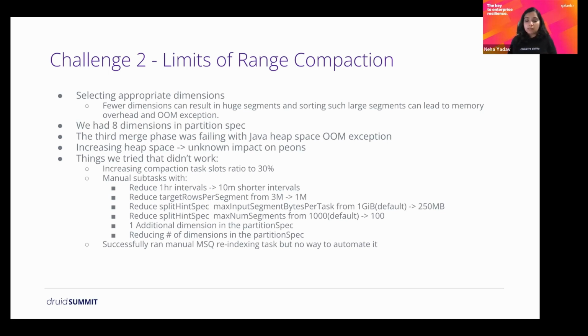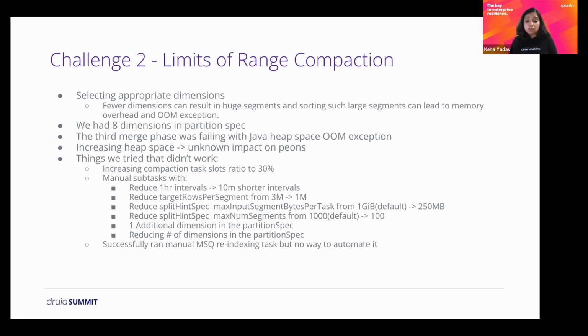That made us think, and actually confirmed our suspicion, that it was all related to the scale of data that a task is handling. We worked with Imply throughout, troubleshooting and trying to resolve this issue.